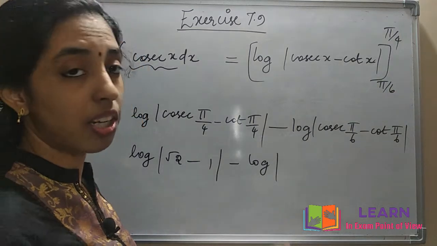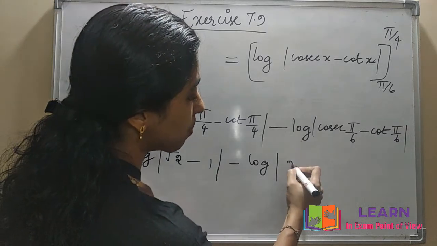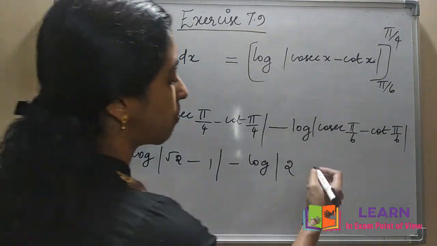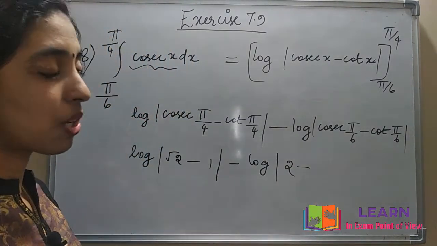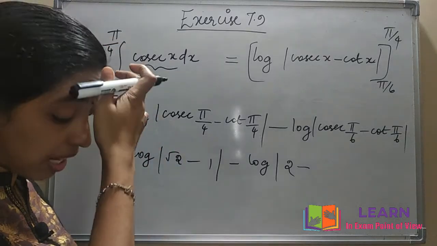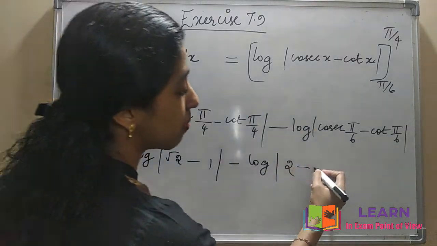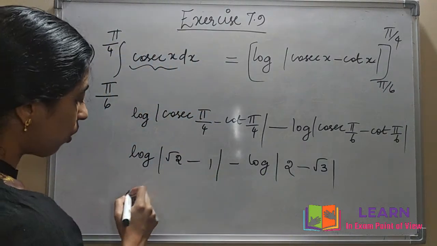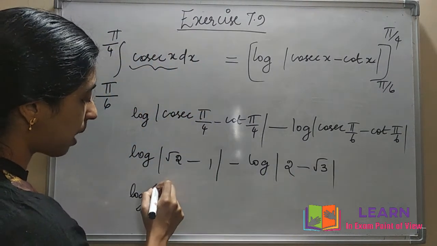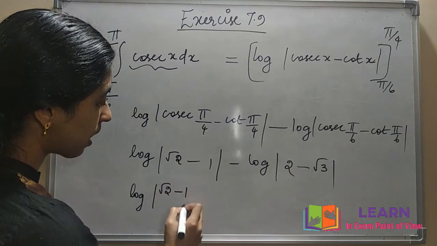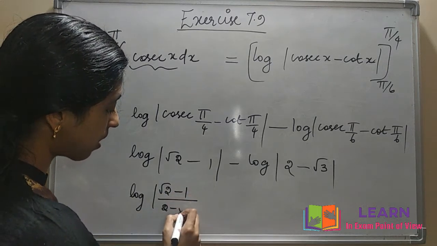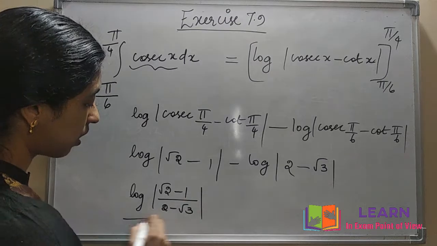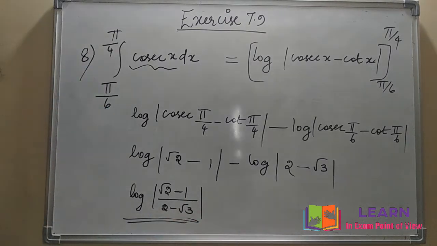Sine will be 1 by 2, so taking the reciprocal, 2. Minus cot: tan is 1 by root 3, so taking the reciprocal, root 3. So in log A minus log B form, log A by B: mod root 2 minus 1 by 2 minus root 3. Here you can stop, which is the final answer.